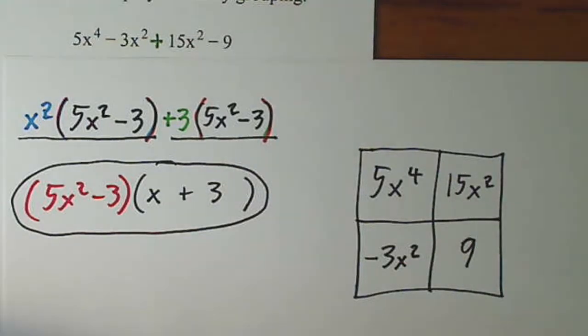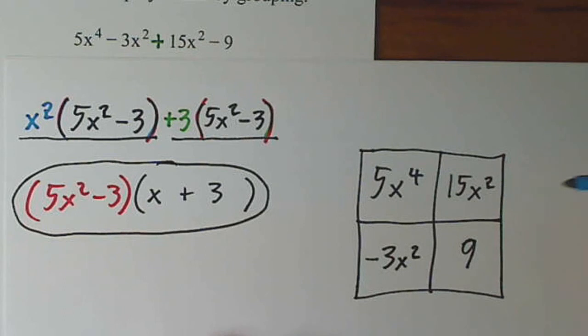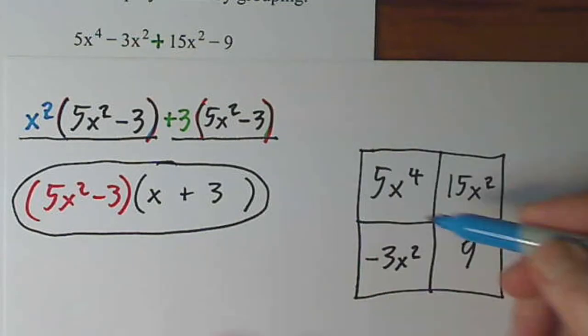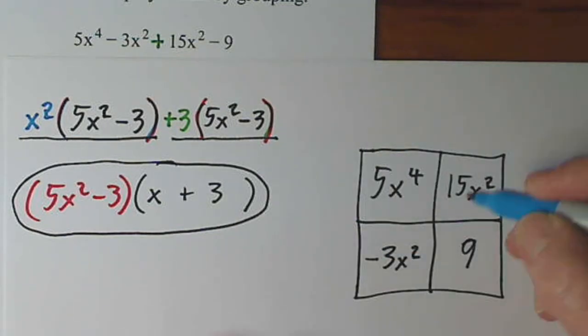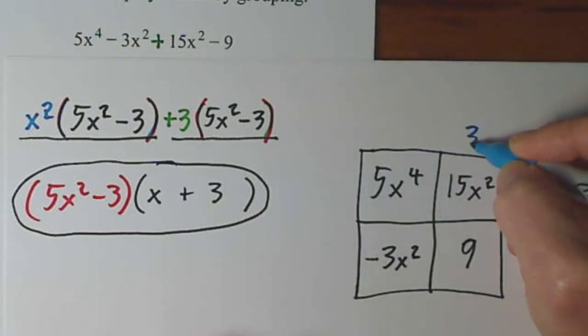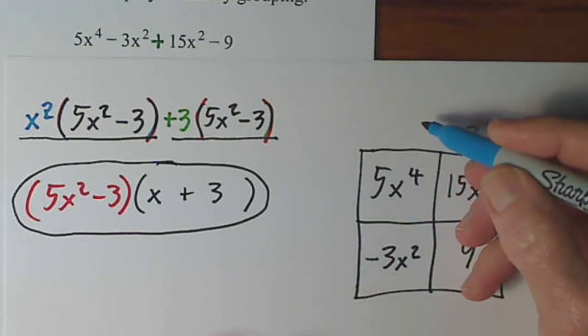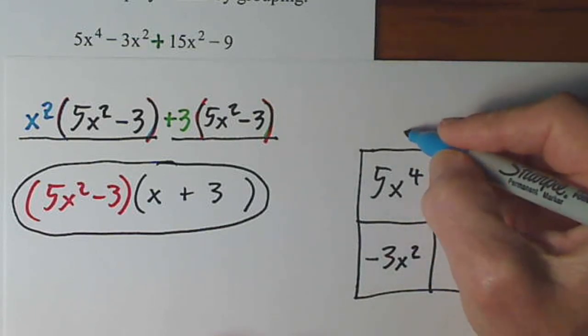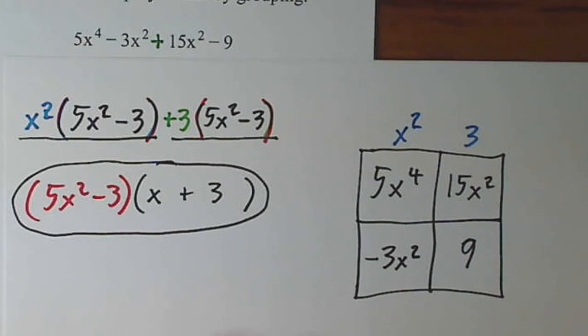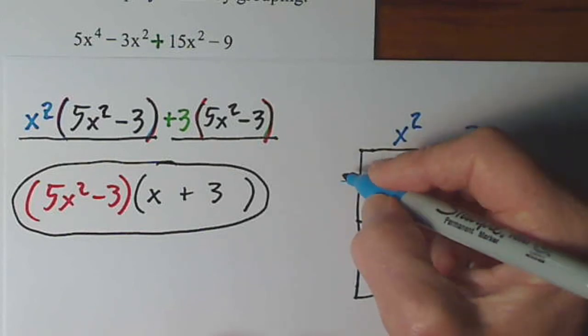Okay, now you simply factor out the GCF. Well, you don't really factor it out. You look for the greatest common factor, going straight up, straight across, and straight across. Okay? So from here you can get a 3. Going straight up here, the GCF would be x squared. Coming straight across here, the GCF, don't mean to have that a negative, will be 5x squared.